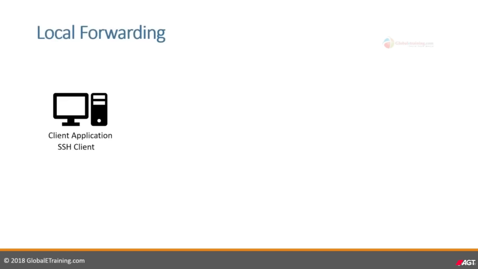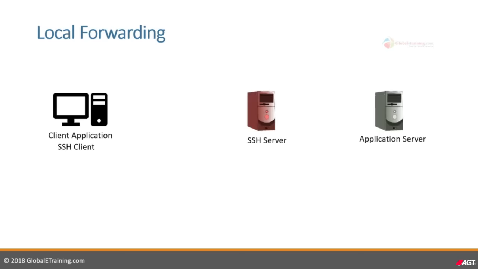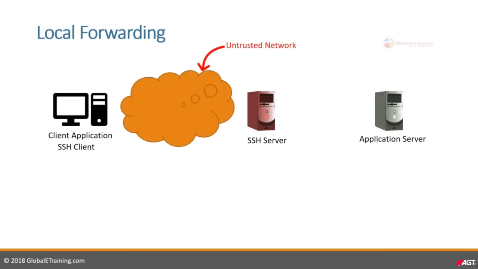We have a client application running on a machine on the left hand side, and then we have the application server, and then we have an SSH server sitting right in the middle, which will act like a jump server. And by the way, you will also have the SSH process or the daemon running on the application server as well.